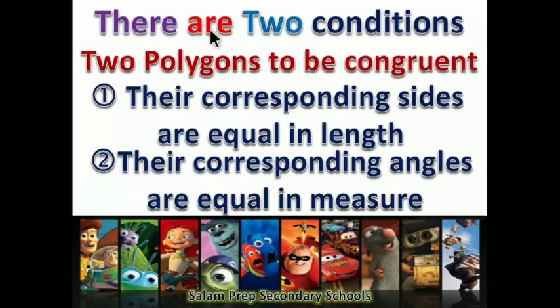there are two conditions for two polygons to be congruent. The first one, their corresponding sides are equal in length. The second one, their corresponding angles are equal in measure.